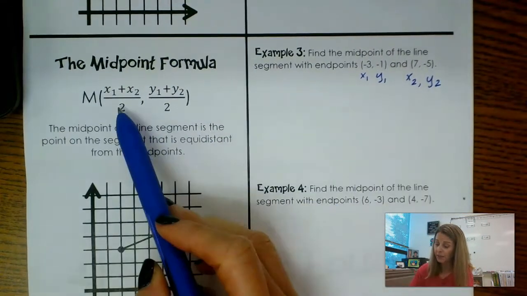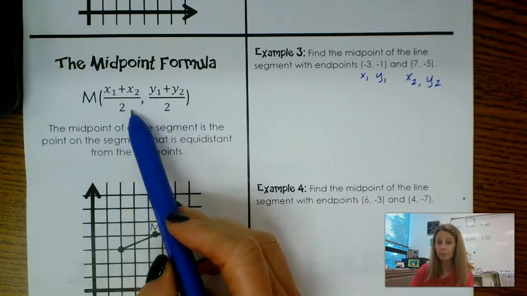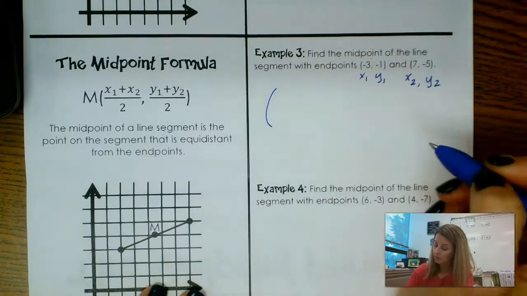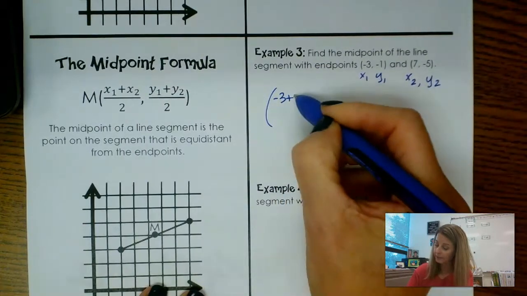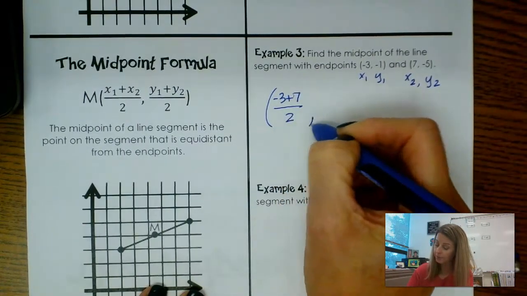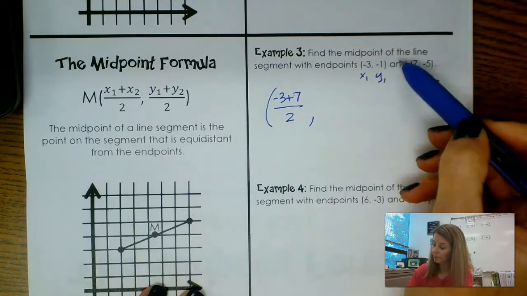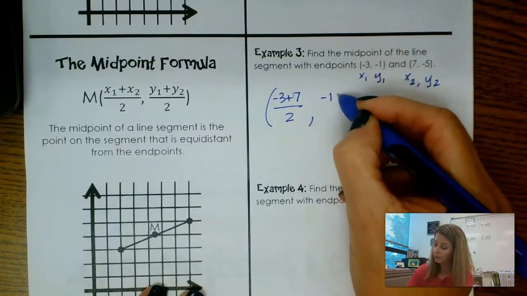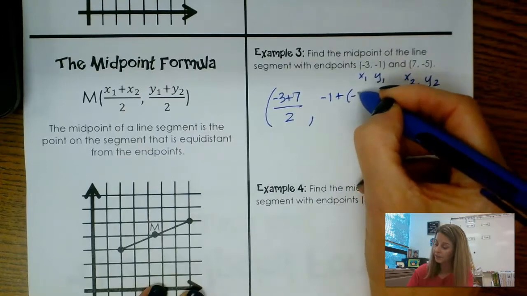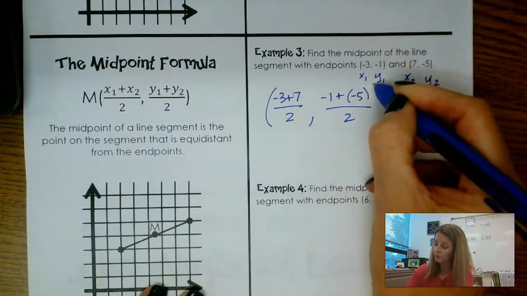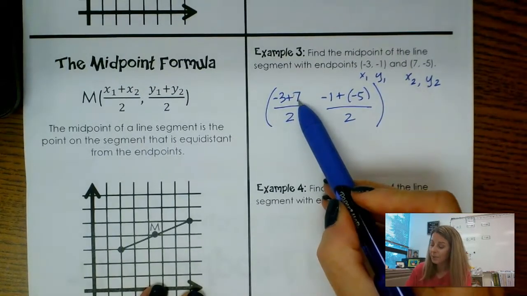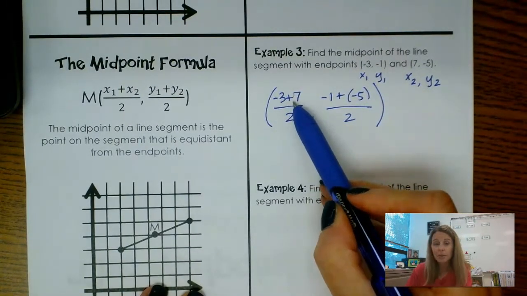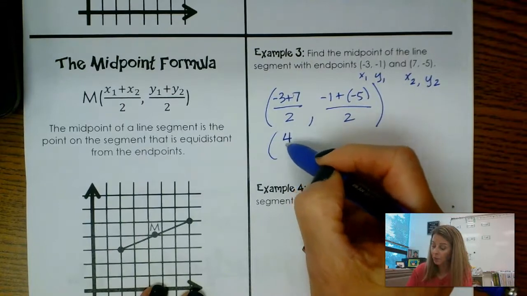So if I follow my formula, I'm going to add the x's up and divide by 2. So I'm going to take negative 3 plus 7, divide by 2, comma, and I'm going to do the same on the y's, negative 1 plus negative 5, divide by 2. And I'm putting it in a gigantic ordered pair. So I have negative 3 plus 7 is 4.